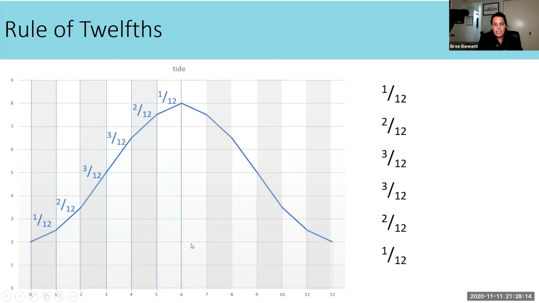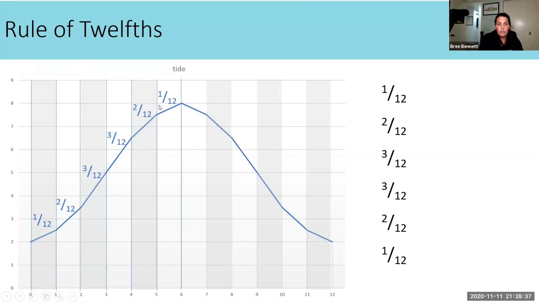On this 6-hour division, in the first hour the tide only changes about 1/12. In the second hour, it changes about 2/12. In the third hour, about 3/12. Fourth hour, 3/12. So right in the middle is where you're getting a lot of change happening.